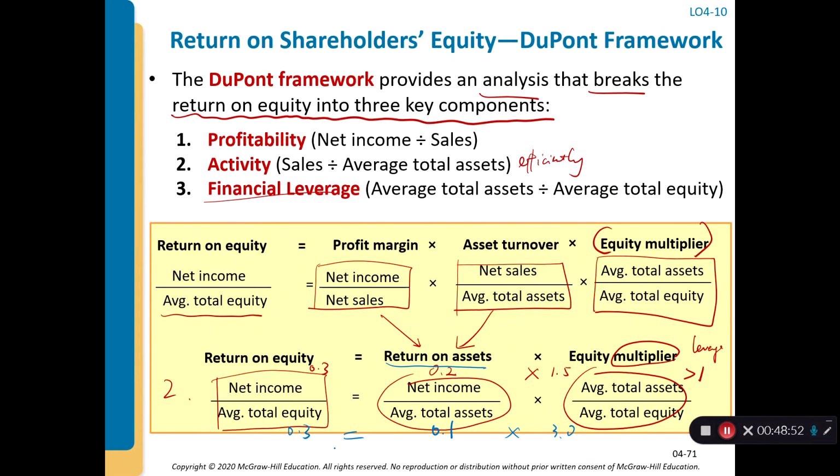Or worse yet, if the equity multiplier becomes 4, and the interest expenses increase to the extent that the return on assets drops to 0.05, only 5%, that means the return on equity is even lower, right? It becomes 0.2.